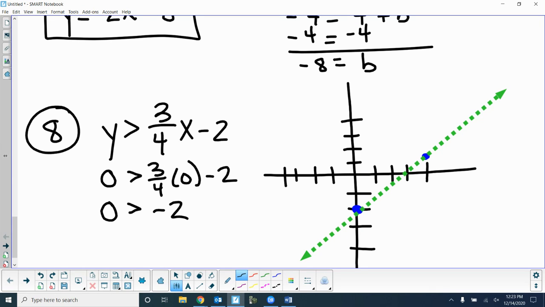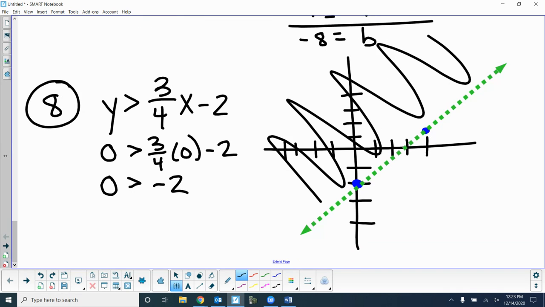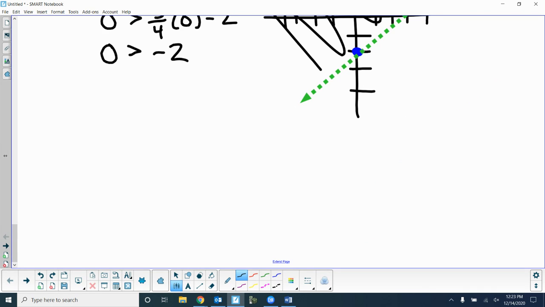And 0 is there to the left of the line, so you guys are right, it's above. So make sure you choose the one that's dashed, that goes through -2, has a positive 3/4 slope, and shaded above it. Questions? That's pretty easy to do, isn't it? Hopefully.